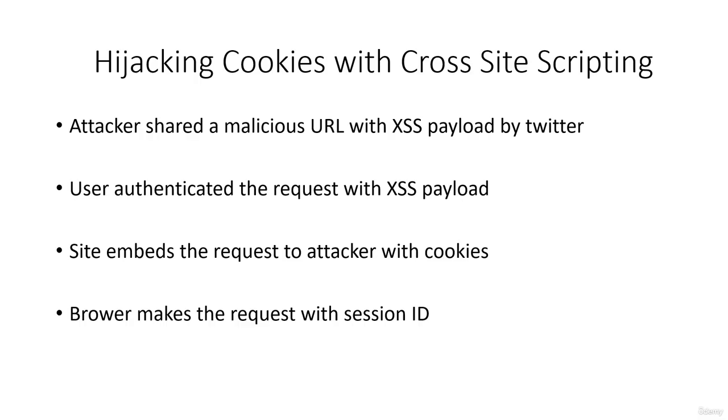So we wouldn't have to use Twitter, email or any other channel to socialize the link, because the attack is persistent in the database. Again, there is a style of attack that I go into in detail elsewhere.